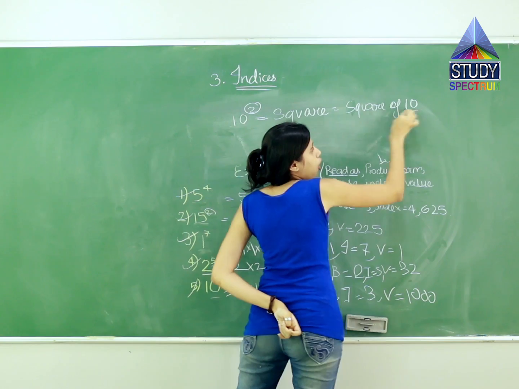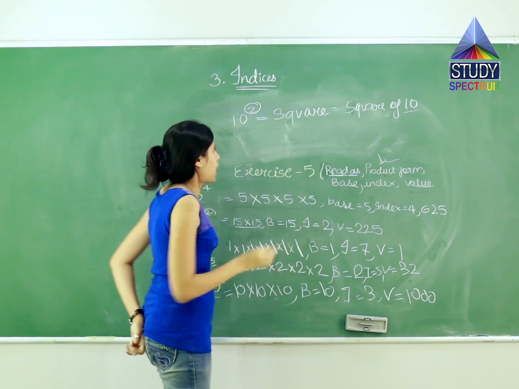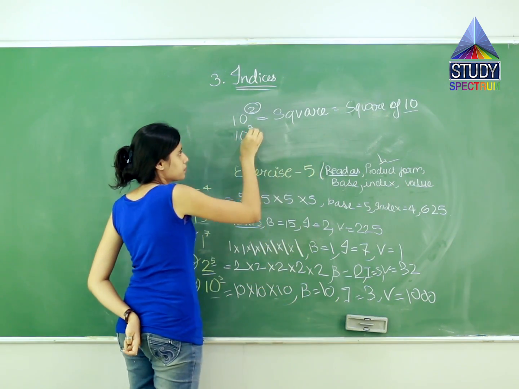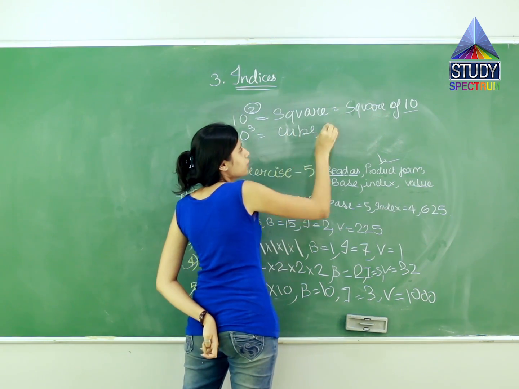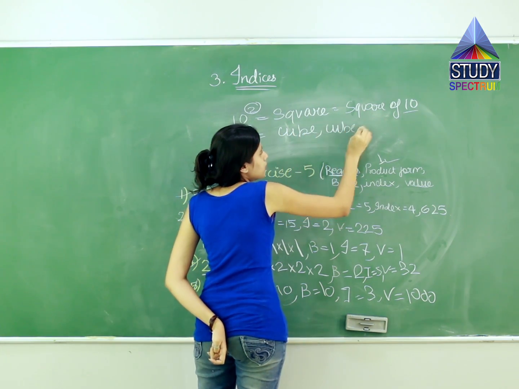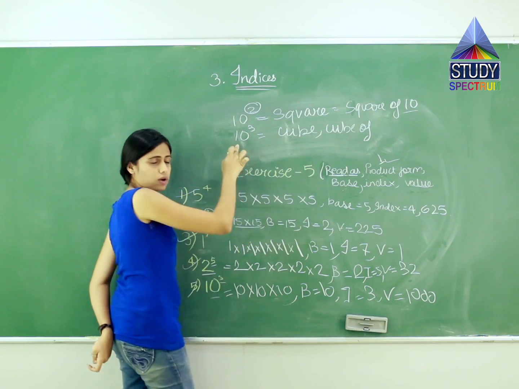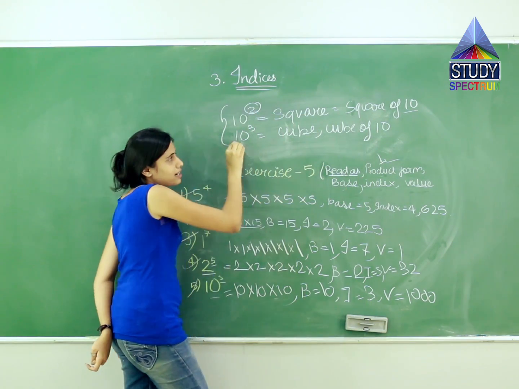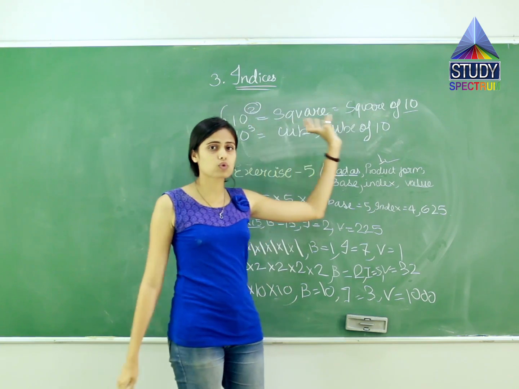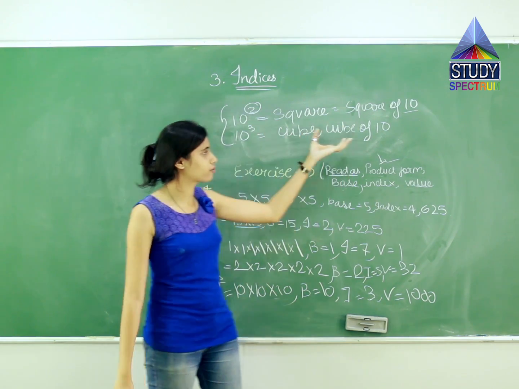Square of 10 or square of base. And if I say 10 raised to 3, it is also known as cube and cube of the base, which is over here in this question what it is? 10. Only this 2 and 3 are discovered. In 2 we have square and in 3 we have cube.